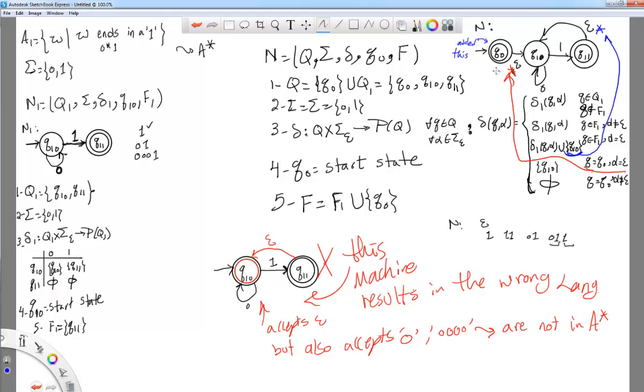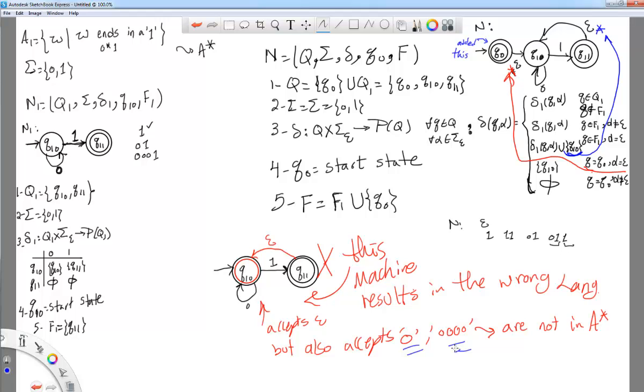But if we do that by simply converting the start state of the original machine into an accept state, we are actually introducing a bunch of wrong strings to this language, and that is precisely why we added a new start state, q sub 0, as we did up here.